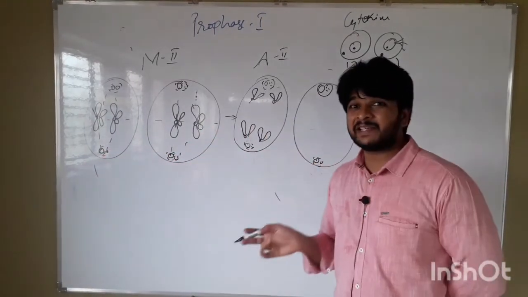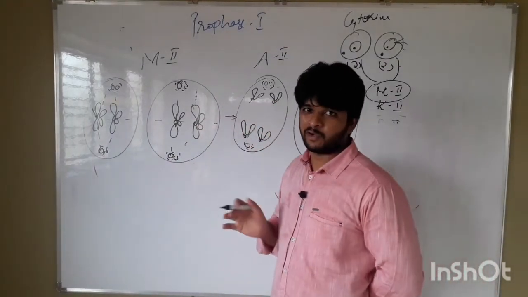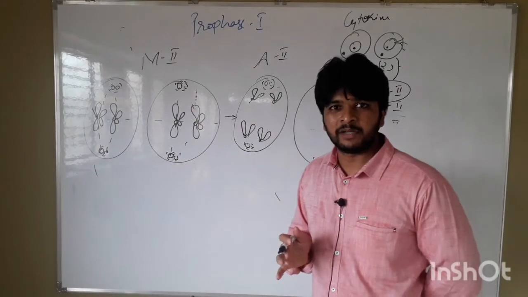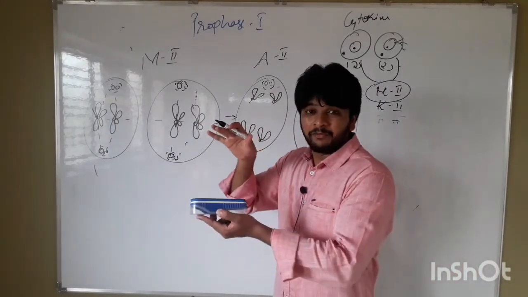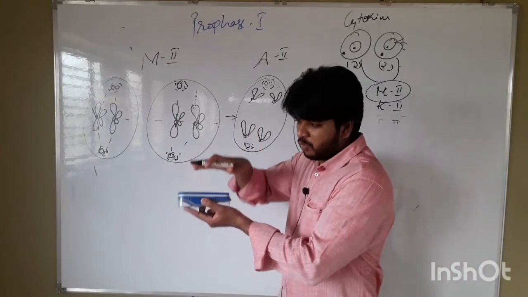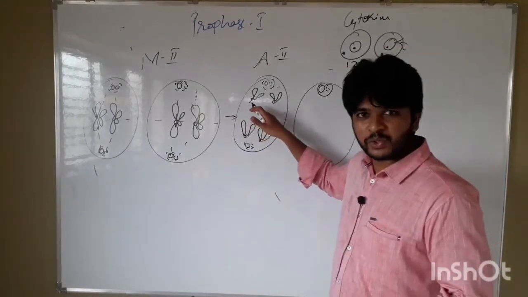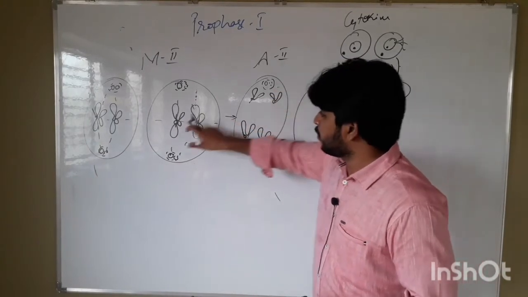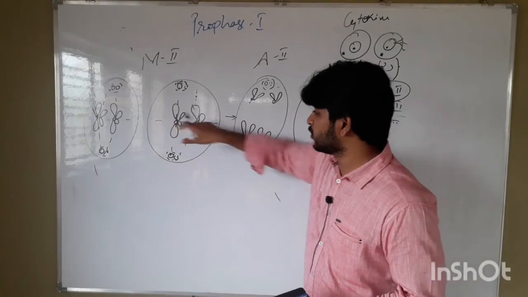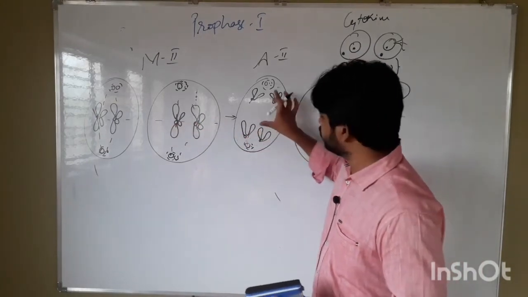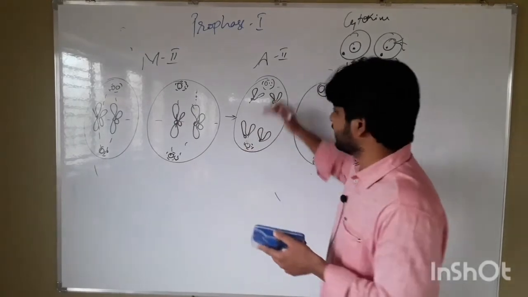During anaphase 1, paired homologous chromosomes got separated. Their centromere did not break. Only paired homologous chromosomes which were placed together got separated. But now in anaphase 2, the centromere of the chromosome is breaking and the 2 chromatids are getting separated.